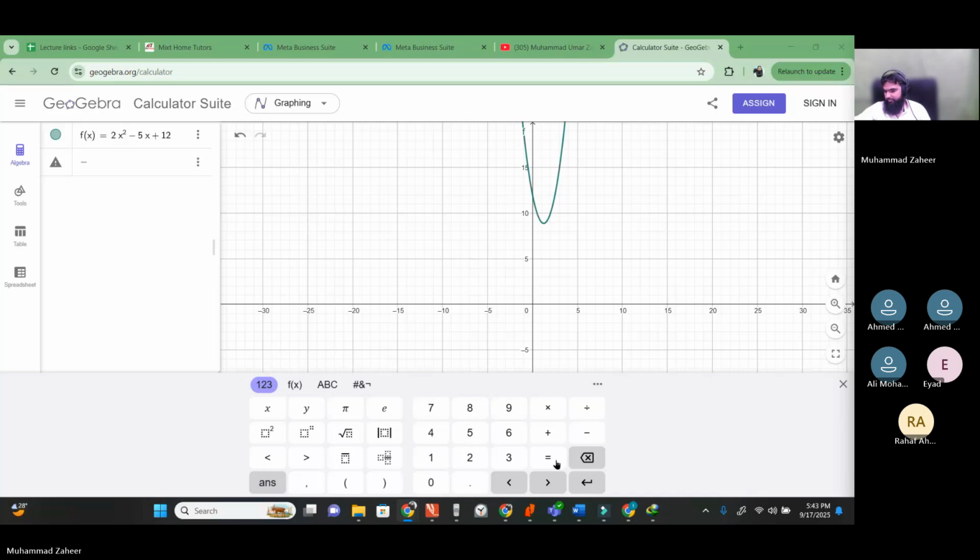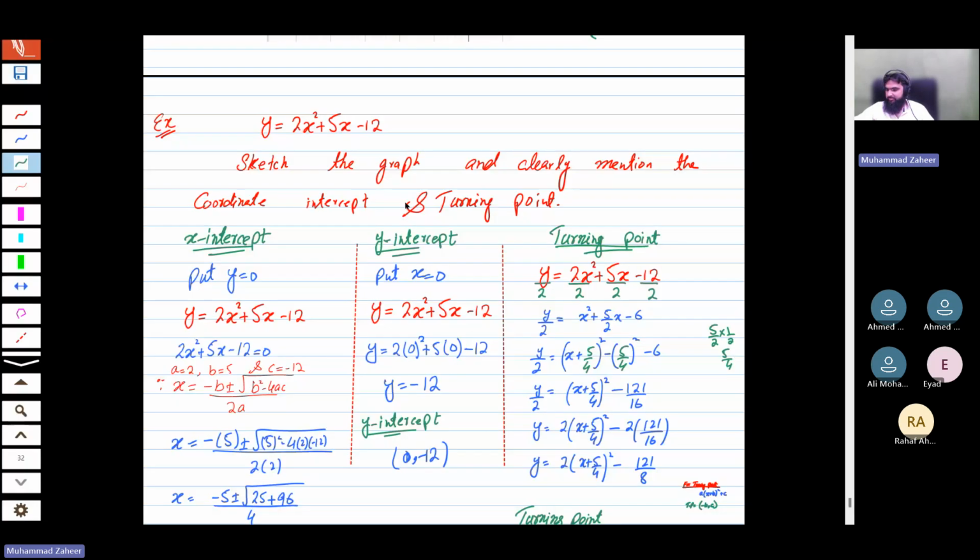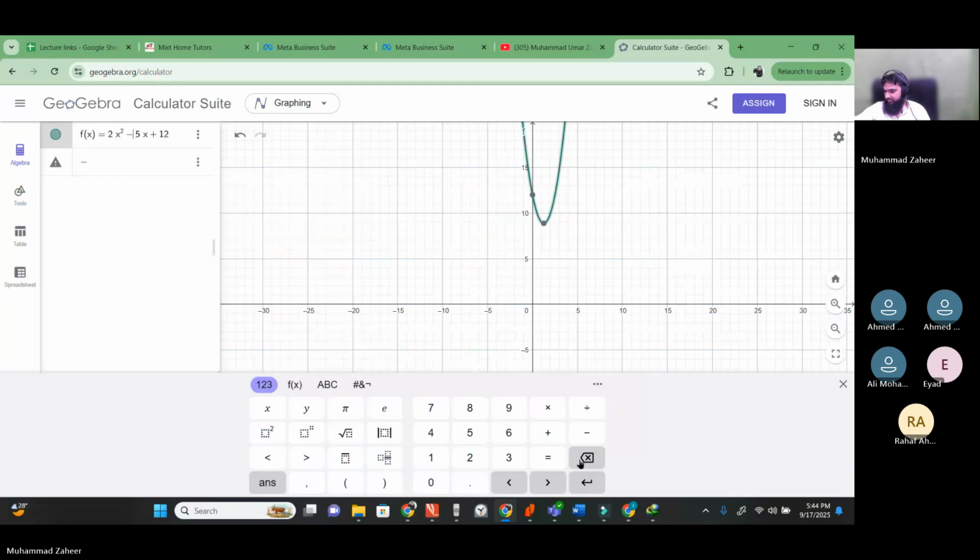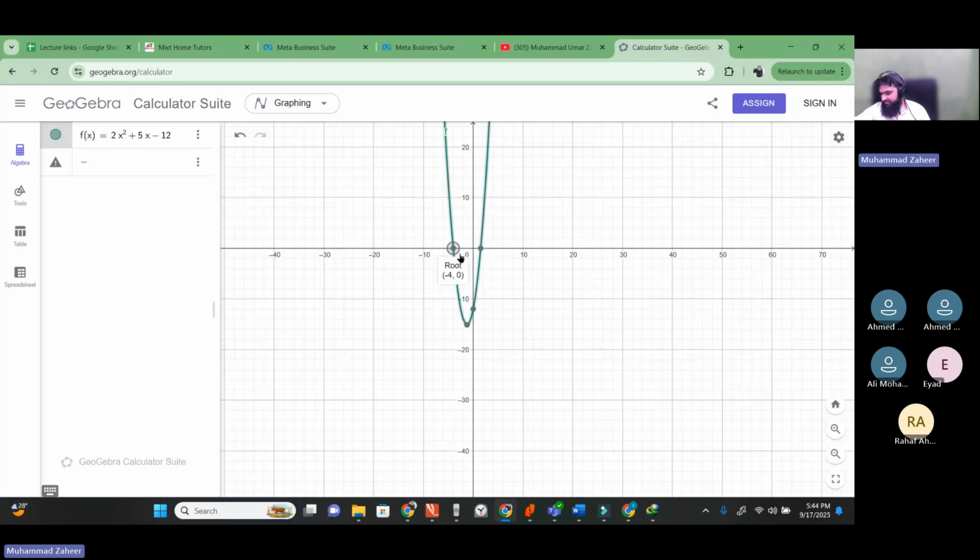Sorry, it is plus 5x and 12 would be minus. Now look here. The x-intercepts are minus 4 and minus 1.5. The y-intercept is minus 12, and the turning point you will get is minus 1.25 and minus 15.125.